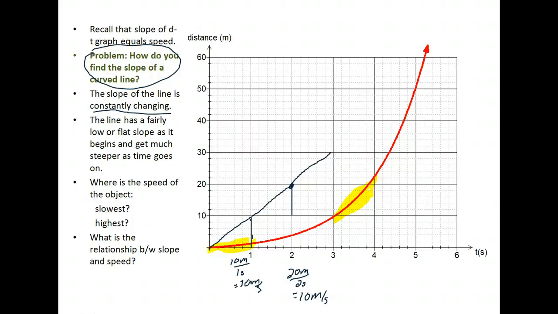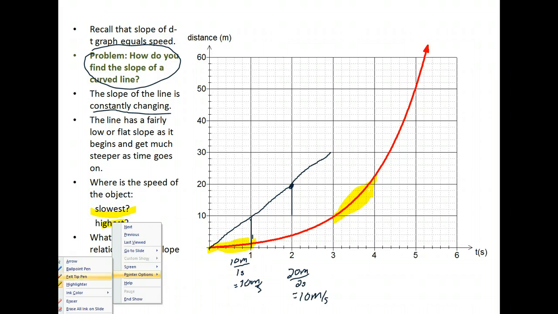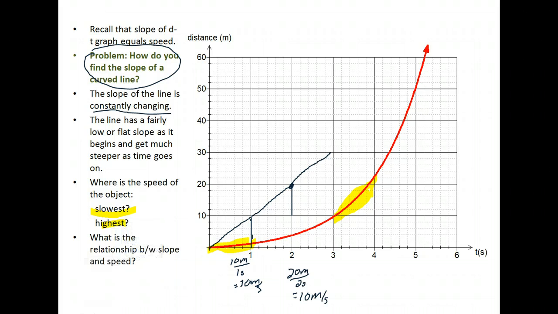So where's the speed of the object the slowest? And where's the highest? Well, speed is the slowest here, at the flattest section, so at the beginning, or when there's the smallest slope.